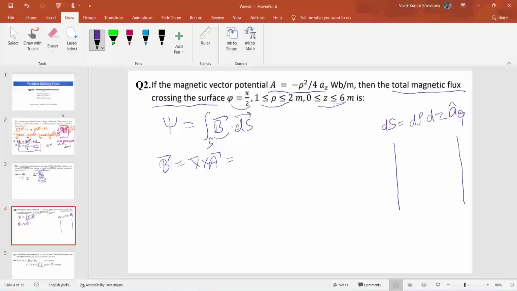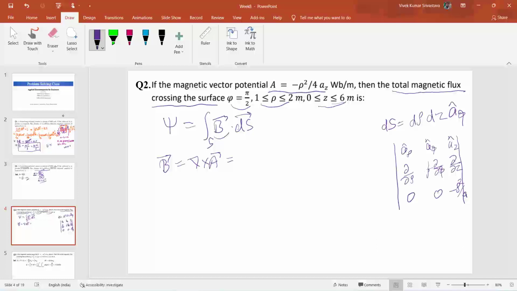This will be the determinant with a rho, a phi, and a z, del by del rho, del by del phi, del by del z, and then 0, 0, and minus rho square by 4.